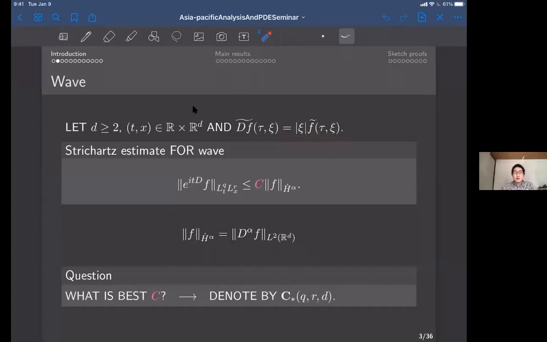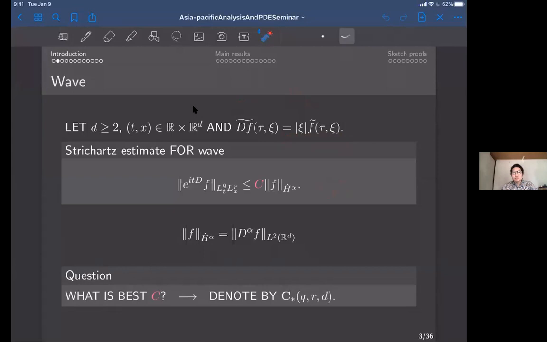The multiplier is the modulus of xi, and I use this tilde as the Fourier transform for space-time, and later I will also use hat for the Fourier transform in space only. I just want to distinguish them to make sure what I'm doing. And the Strichartz estimate for the wave is stated as follows.